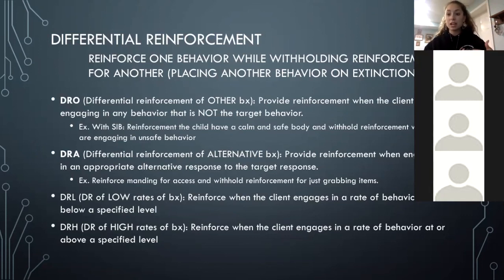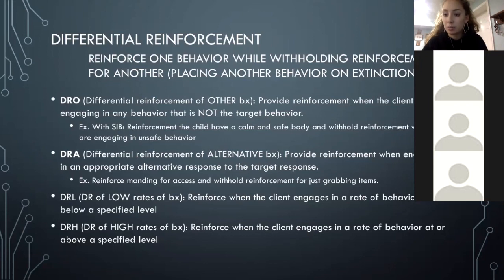If his hands are down and away from smacking his head, I am going to reinforce that. I'm going to give him lots of praise and maybe some edibles, right? I'm also simultaneously going to withhold reinforcement when he is engaging in unsafe behavior. I will not be reinforcing his hitting his head behaviors, right? So that's just when he's not engaging in SIB, provide reinforcement.